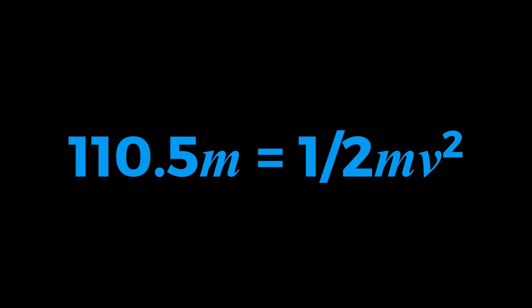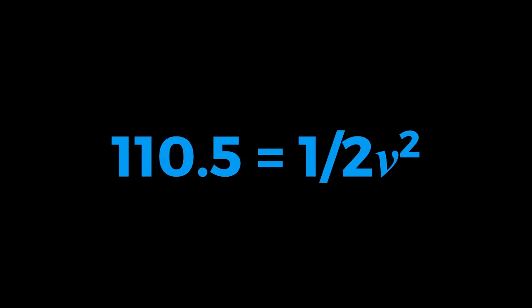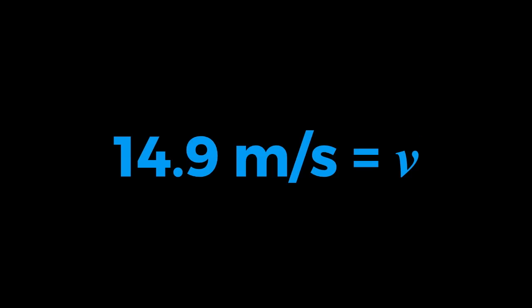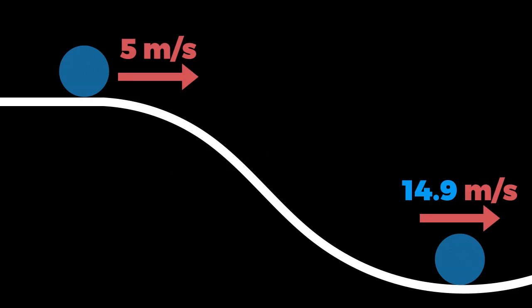Now at first glance, this equation seems ambiguous. But we know automatically that, since m is on both sides of the equation, we can cancel out m, giving us the equation 110.5 equals 1/2 v squared. Then it's really easy to just solve for v, which is 14.9 meters per second, which means that after the ball has rolled down the hill, it is moving at 14.9 meters per second.